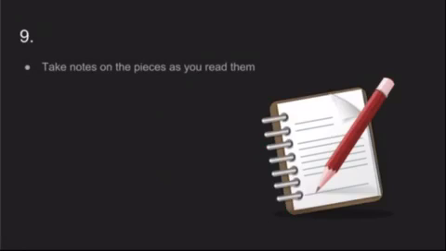Step 9 is to take notes on the pieces as you read them. While you are looking through the synthesis essay material, it is beneficial to write a short summary next to the article, in the margins or underneath it, that shows what the portion is about.